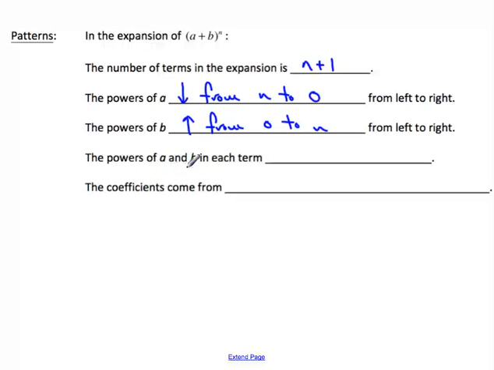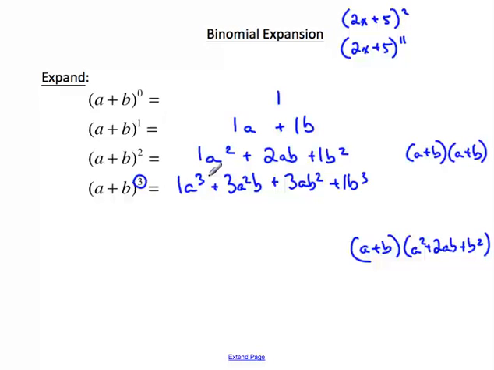That means that the powers of a and b in each term actually have a constant sum. Here there's a cubed and b to the 0, so 3 plus 0 is 3. Here if we add the exponents 2 and 1, we get 3. Here if we add the exponents 1 on the a and 2 on the b, we get 3. And again, 3 on the b, and you can imagine an a to the power of 0, we get a sum of 3. And if you look back at the other rows, you'll see that as well.